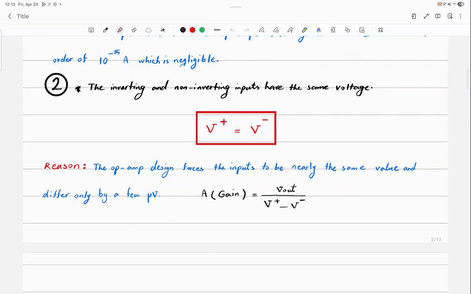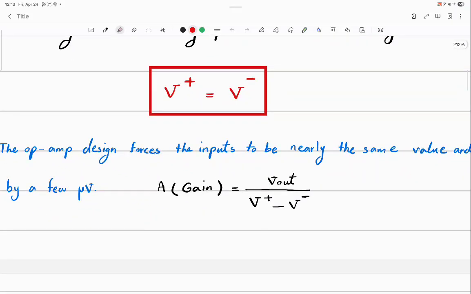Now, in op amps, the input is defined as a differential input, which means the difference between V positive and V negative. So this is how you define gain for op amps: V out divided by V positive minus V negative. So far, any problem? Now, the gain of op amps is designed to be very high, for example, in the order of 10 to the 5, okay, 100,000 or 200,000.